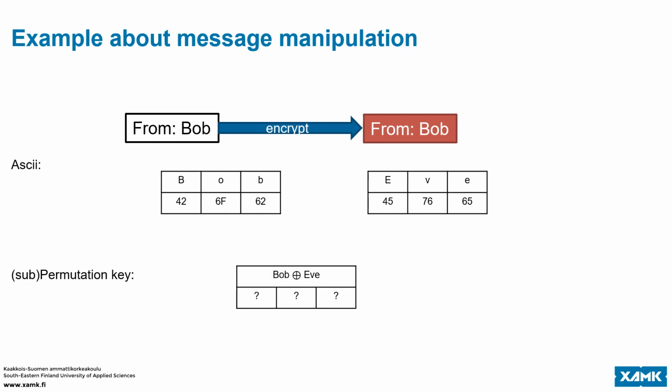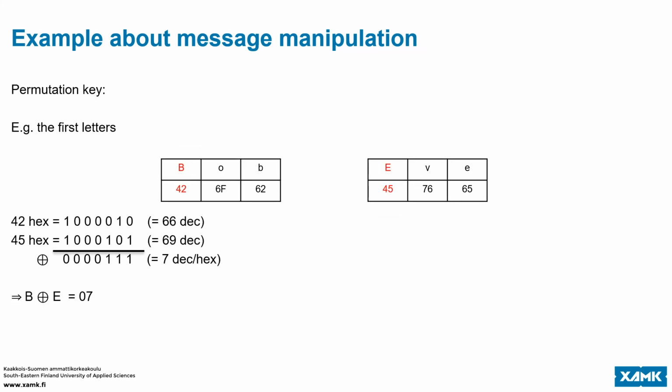Then we move on to generating a sub-permutation key using this knowledge. What we calculate is Bob's name XORed with Eve's name. If we do this for the first letters of these names, we take the first letters B and E, which correspond to 42 and 45 in hexadecimal.